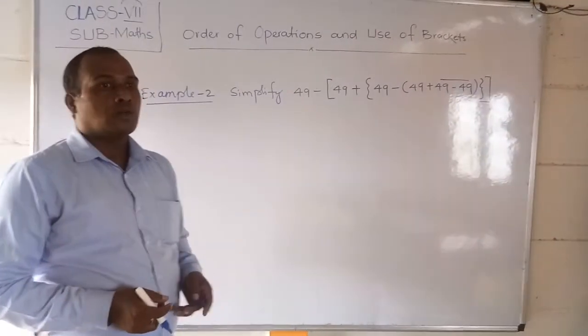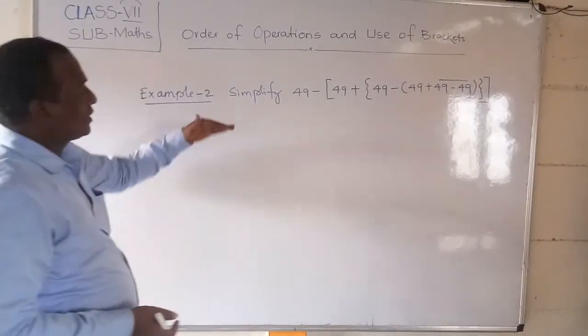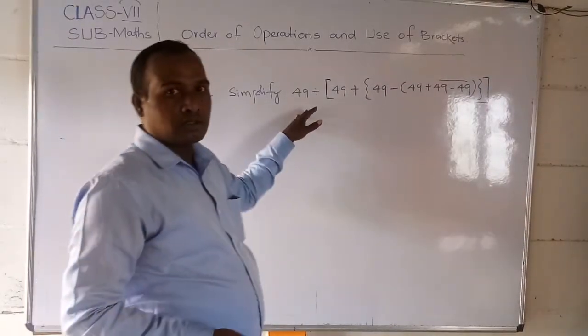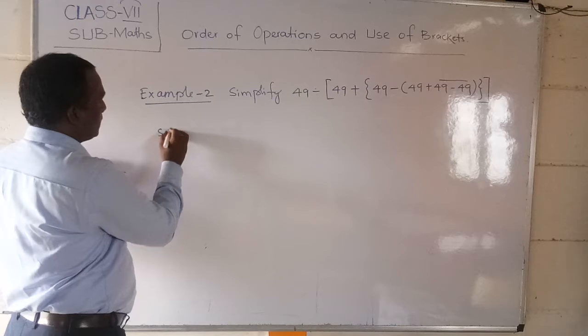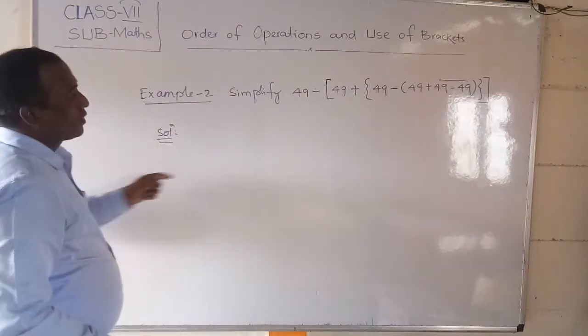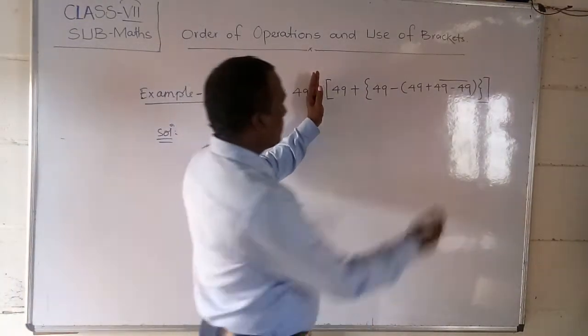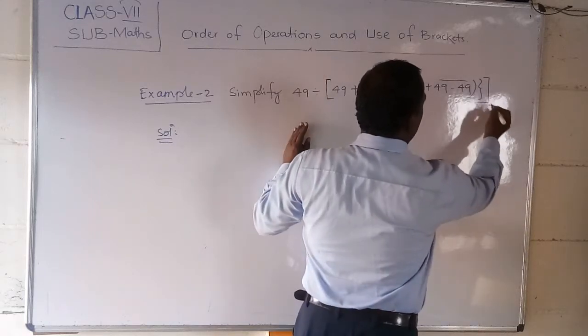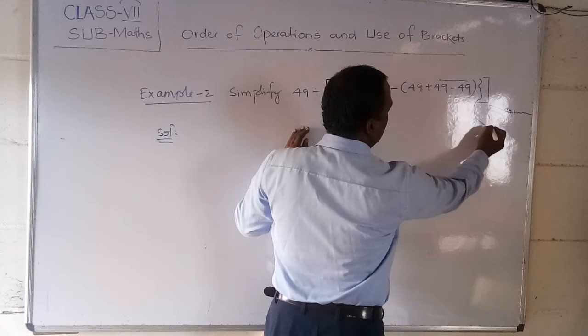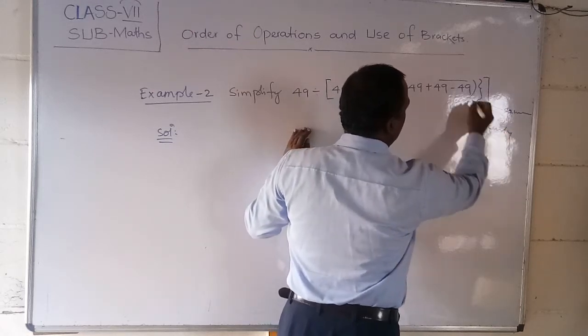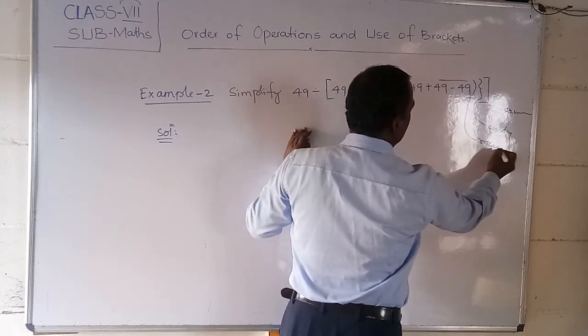Okay, now you can see another example with this. Observe here friends, the solution is given, and I have written the question here now. 49 divided by, here is one bracket inside, which bracket is this? This is called the square bracket. This is the curly bracket. This is the round bracket. Yes or no? Three brackets are there.